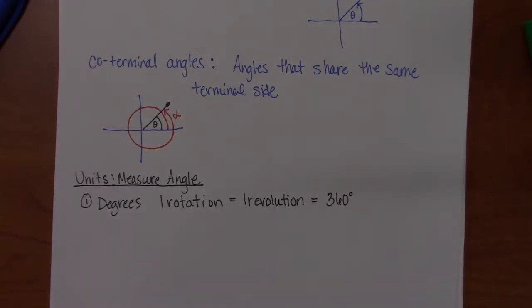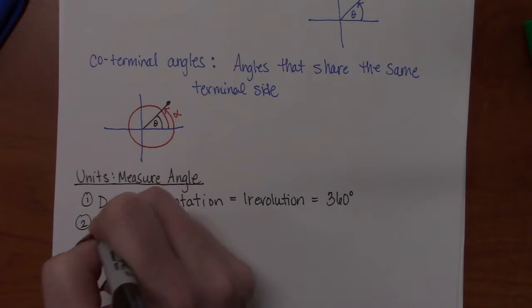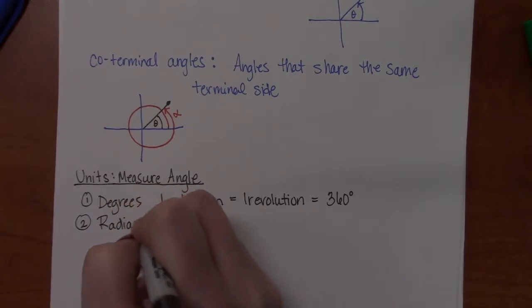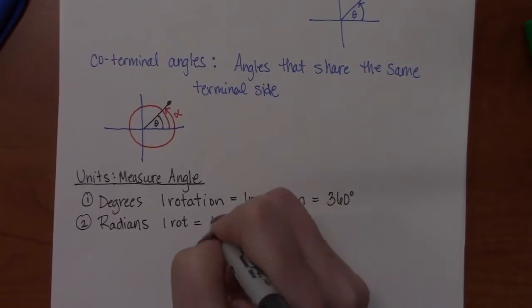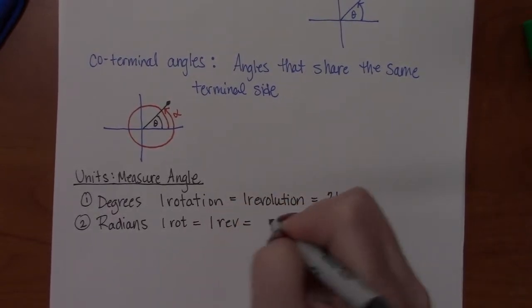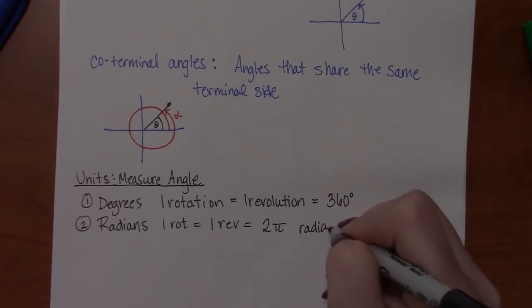So when somebody says in a problem how many rotations or how many revolutions, those are equivalent statements. What we mean by that is complete 360 degree turns. If we measure in radians, then one rotation or one revolution is 2 pi radians.